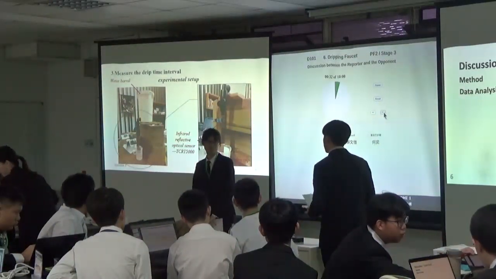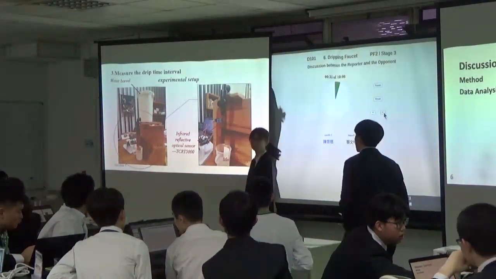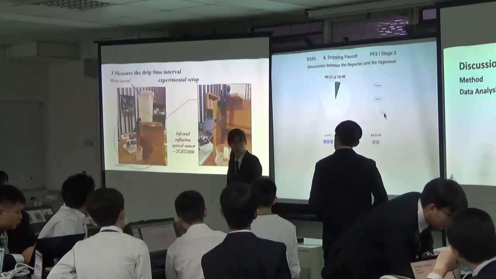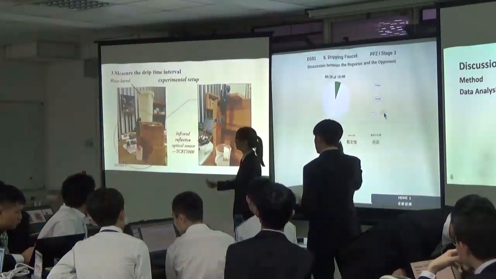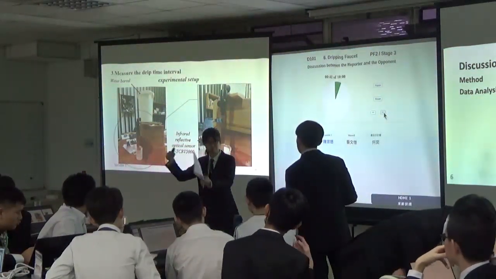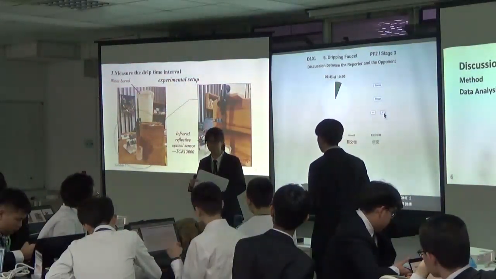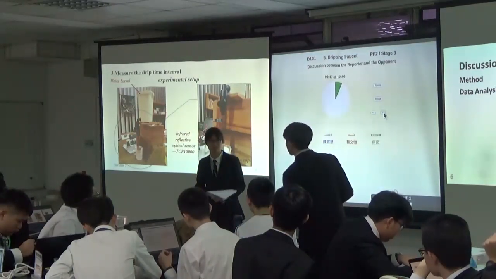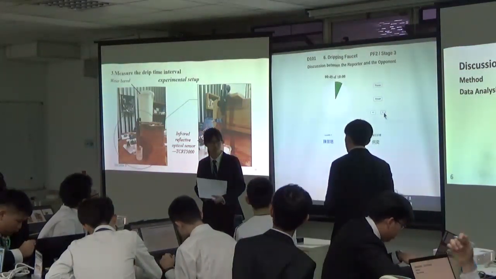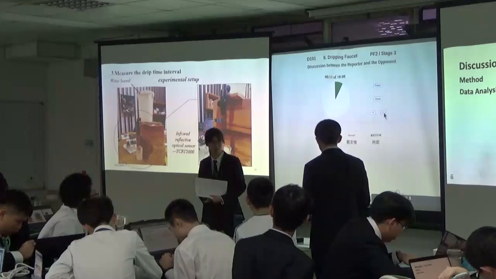You mentioned that you control the water level, but can you explain how you do that? So while the water decreases, we add more water to it. How do you add more water into it? We use the water pump. So you pump water into the barrel while water was dripping.